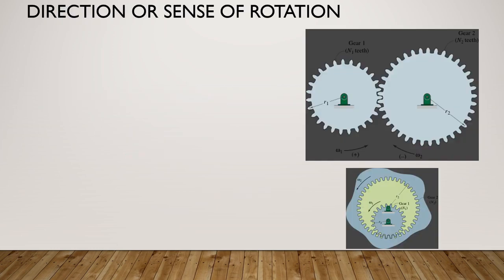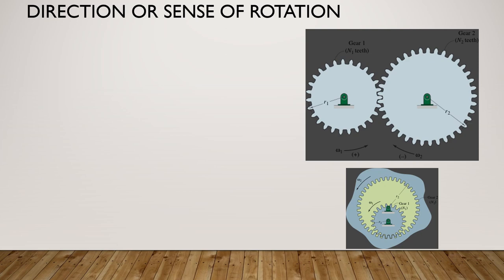When you analyze a gear train, as I already told, the two parameters, velocity ratio and train value, are very important. But when you write these relations, the ratios of driver gear and driven gear, we have to keep in mind the negative and positive values. That is nothing but the direction or sense of rotation.